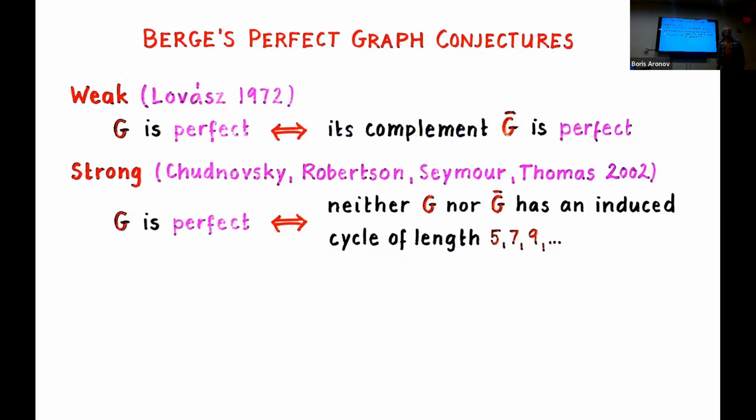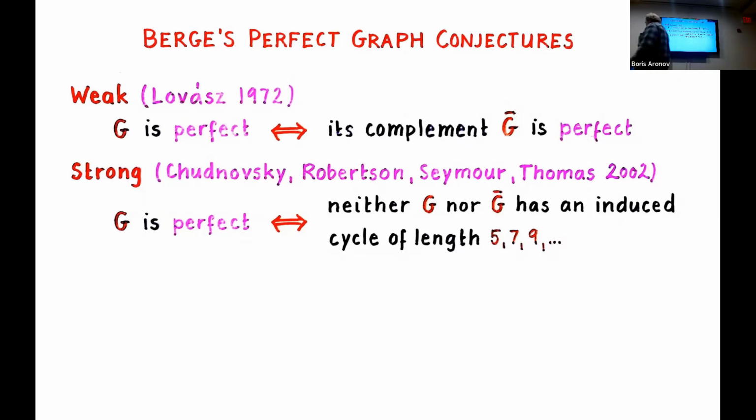But Berge also had a stronger conjecture, actually a complete characterization of perfect graphs. It said that a graph is perfect if and only if neither the graph nor its complement has an induced odd cycle bigger than a triangle.